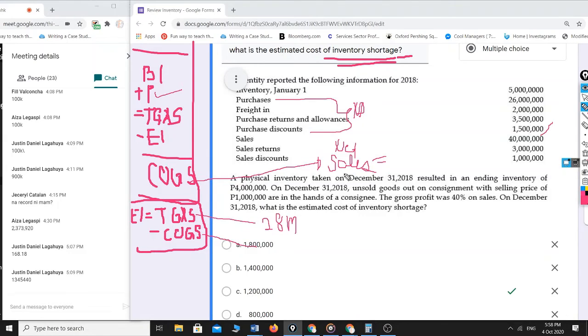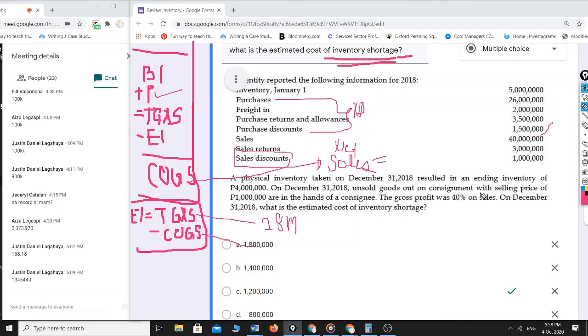Accordingly, we do not deduct the sales discount. Why? Because there is no actual flow of the inventory. Nothing was sold amounting to 1 million because it is just a discount. So that, when we compare the cost of goods sold and the sales, the percentage we get is more reliable.